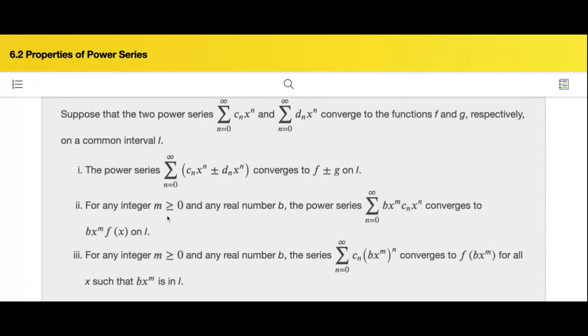Second, for any non-negative integer m and any real number b, the power series b x^m times the sum of c_n x^n converges to b x^m f of x on I, because the series of c_n x^n converges to f.